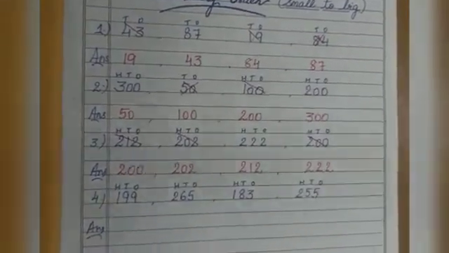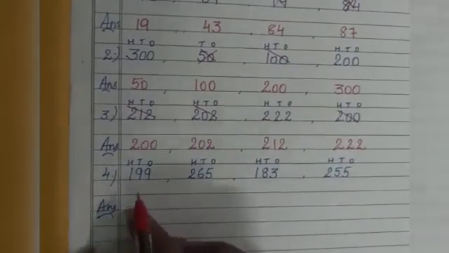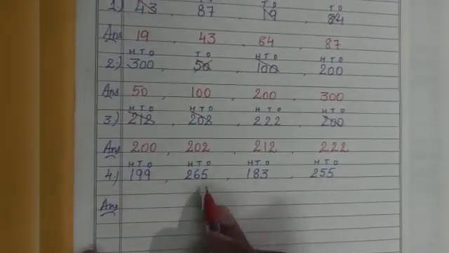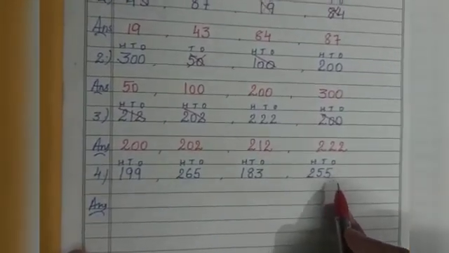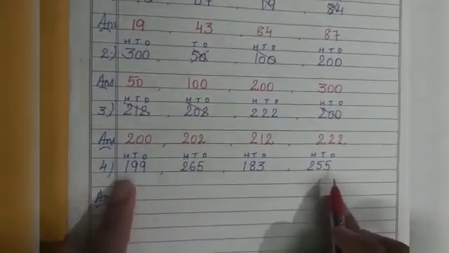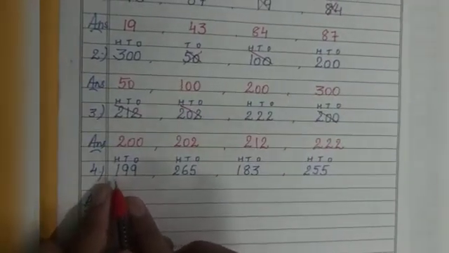Over here, number 4, I am left with 199, 265, 183, 255. So I'll see all these are 3-digit numbers. So we'll see the hundreds place. At hundreds place, I'm having number 1 over here.